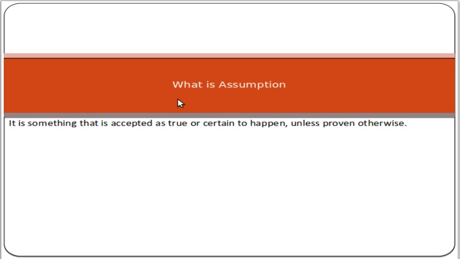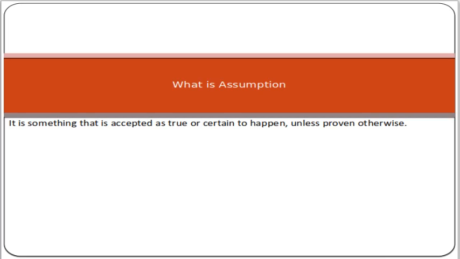This is your assumption. It may be true, it may be false. So the situation which you are accepting by yourself, which may be true or may be false, is called the concept of assumption actually.